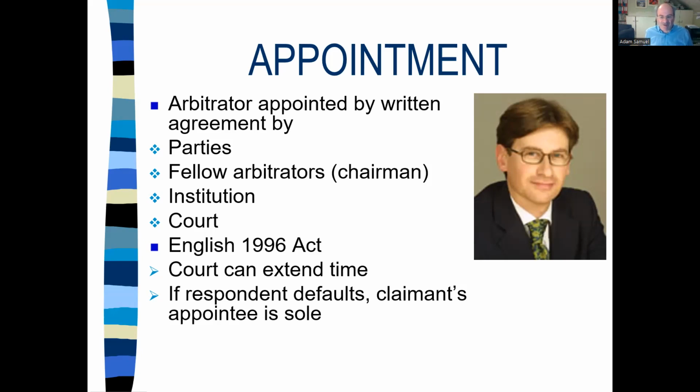This is a way of stopping the respondent from blocking an arbitration where the arbitration agreement provides for more than one arbitrator. It is a sensible way of doing things, but it does create the occasional enforcement dispute because it can be argued the procedure was not in accordance with the agreement of the parties.